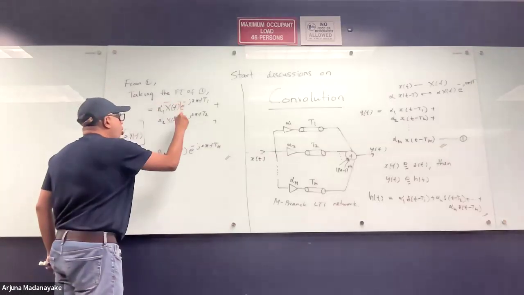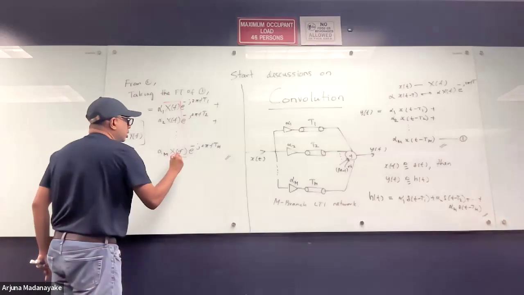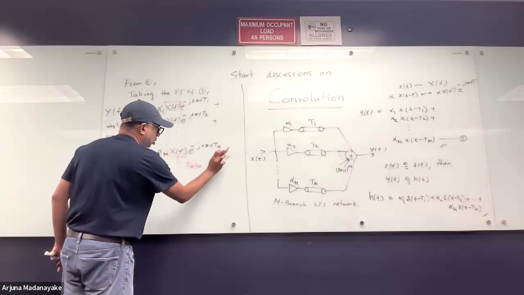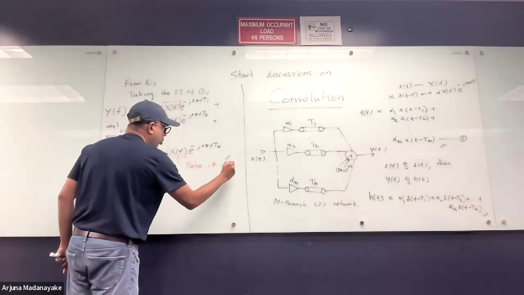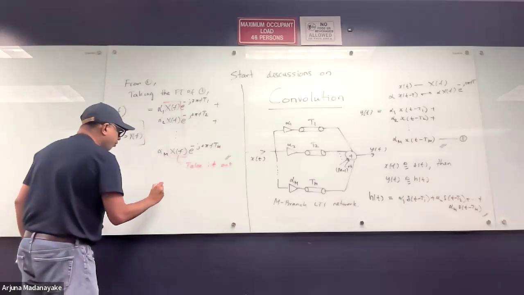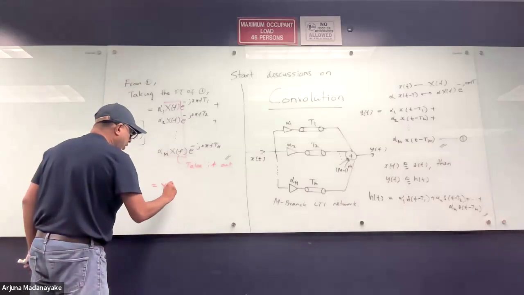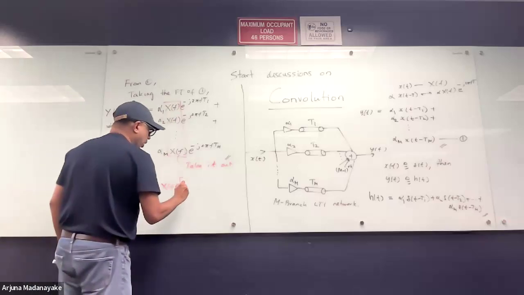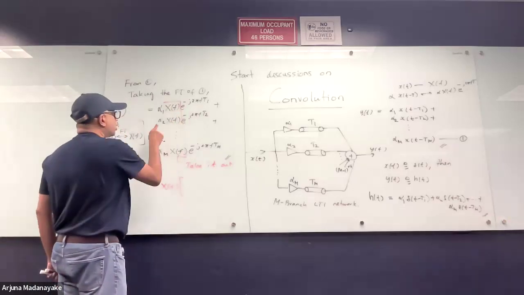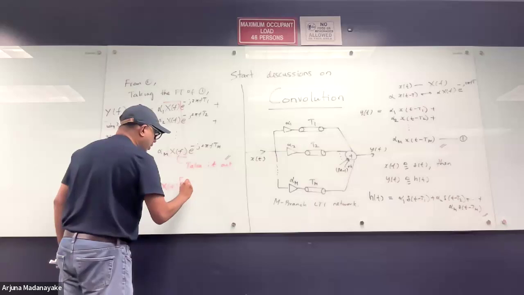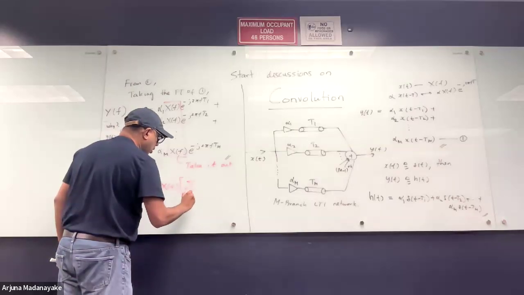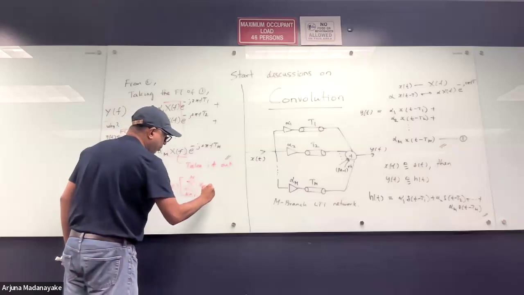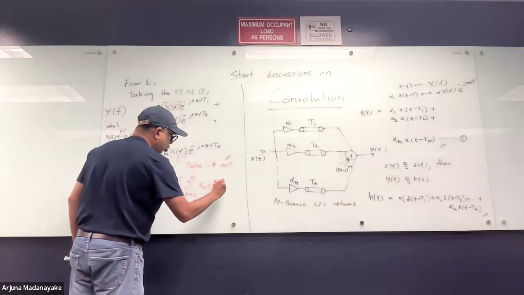So I can take this common section out as a factor and write the final expression as X(f), my common section, times the individual components, which is 1, alpha 1 this, alpha 2 that. I can just write it as the sum over k equals 1 to M of alpha k e to the minus j 2 pi f tk.